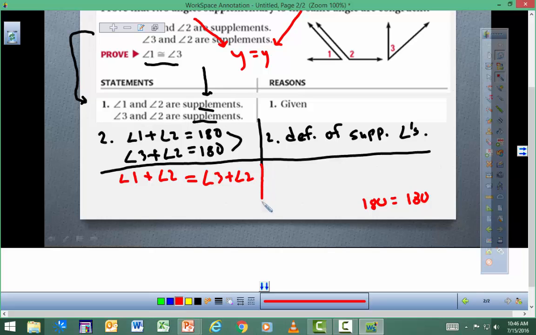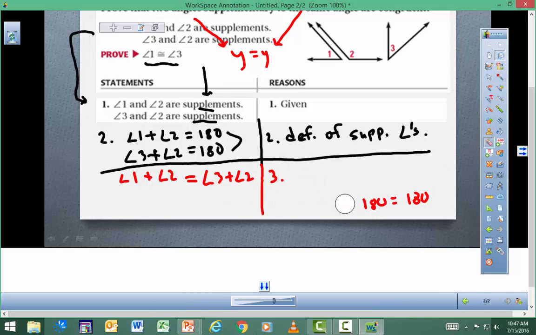Now, I wonder if you recognize what this is called. Think about the theorems that you know. Think about the postulates that you know. I'll give you a little hint. This one is called, well, it starts with the letter T. And hopefully you've come up with the idea that's called the transitive property, because it is what the transitive property is.